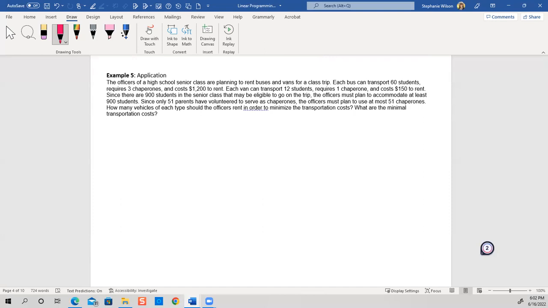So we want to know how many vehicles they should rent, and we want to minimize the transportation costs. So what I'm going to do is create my table. On my table, I have students, chaperones, and rental costs.